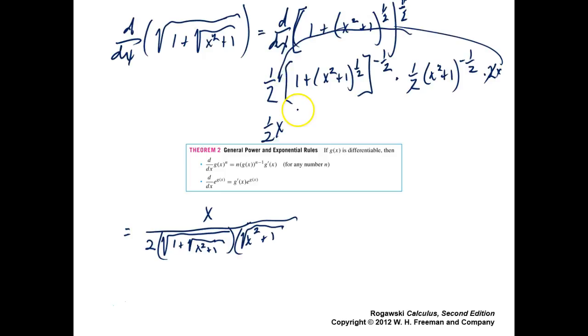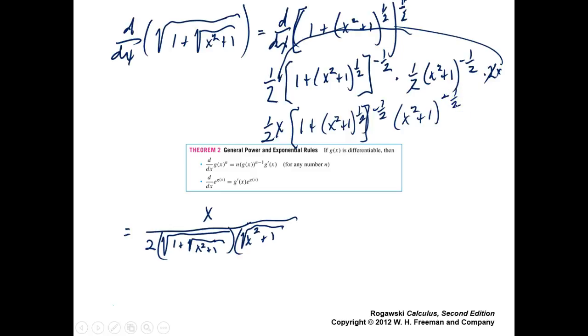Then they did 1 plus x squared plus 1 to the 1/2, that's to the minus 1/2, and the 2 canceled out already, times x squared plus 1 to the minus 1/2.